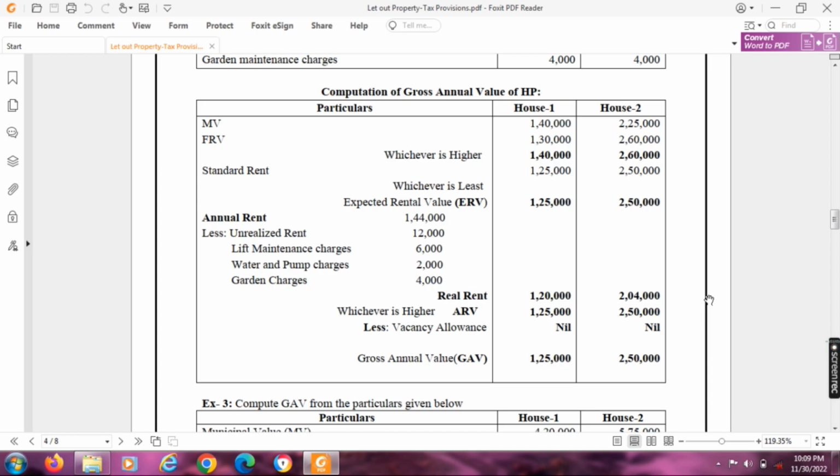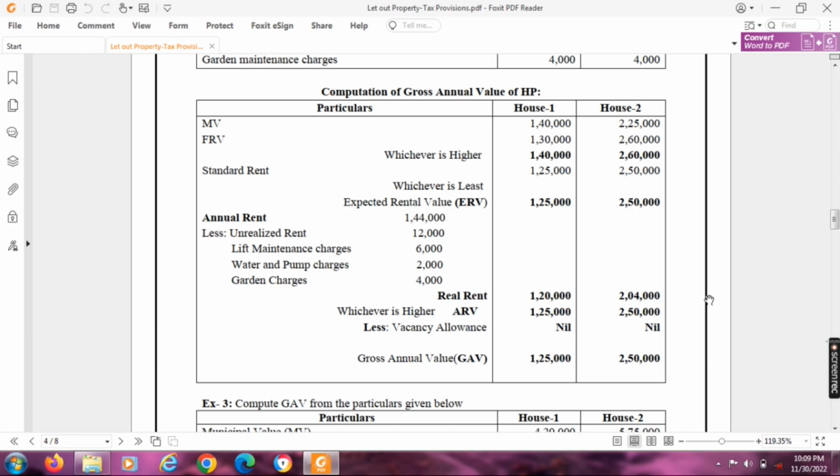Now we have to compare the expected rental value and the real rent, whichever is higher. That value is called the annual rental value. From that annual rental value, we deduct the vacancy allowance. If the let out property is vacant for 1 or 2 months, that is permitted under the IT Act. So we can deduct that vacancy allowance only from the annual rental value. The balance value is called the gross annual value.